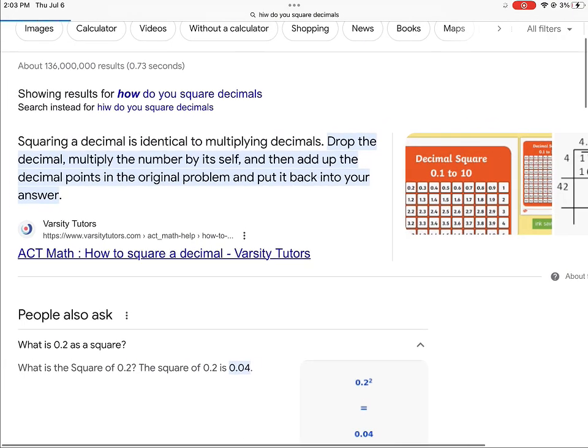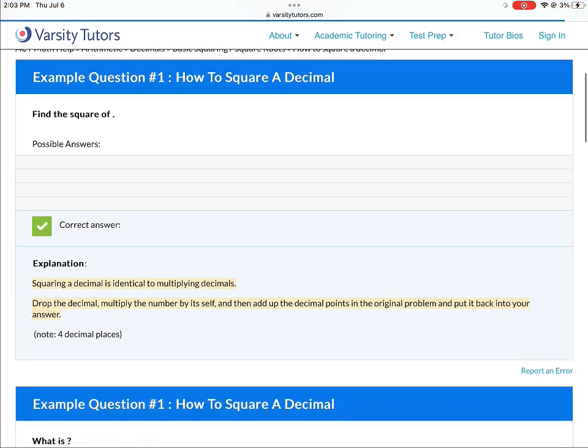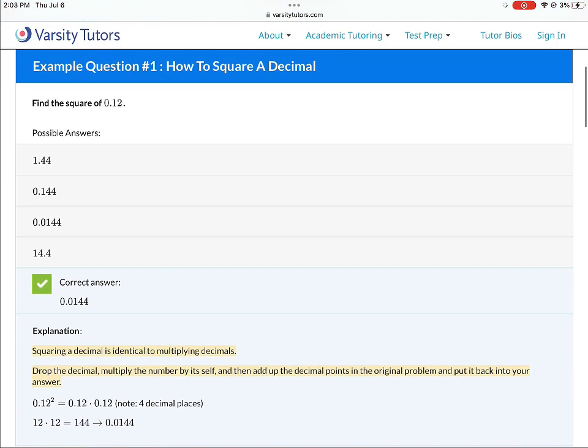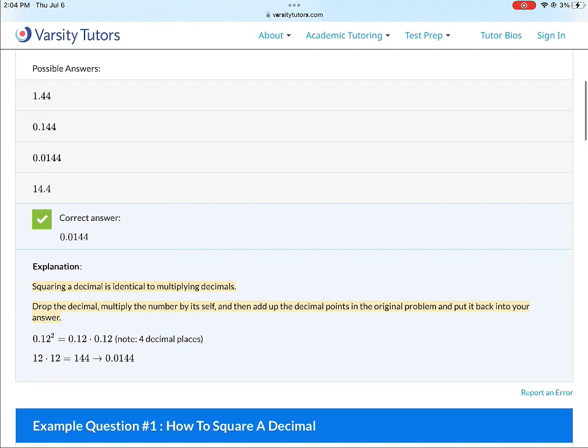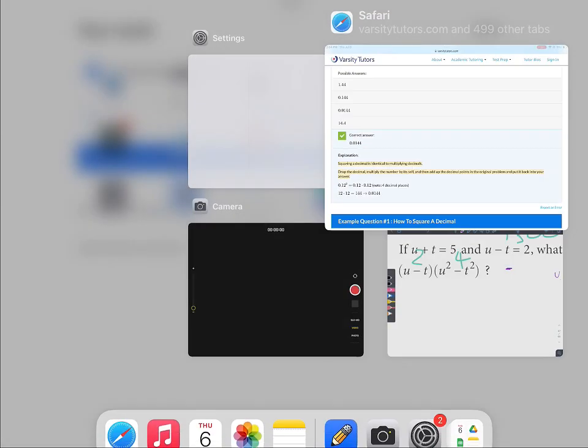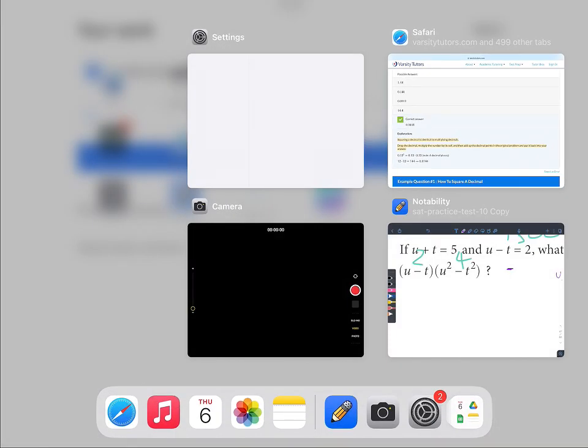Ironic. Multiplying decimals, drop the decimal, multiply the number by itself. Oh, so just drop the decimal point. That's what they mean. Okay, let's try that. Even though that's still hard on its own.